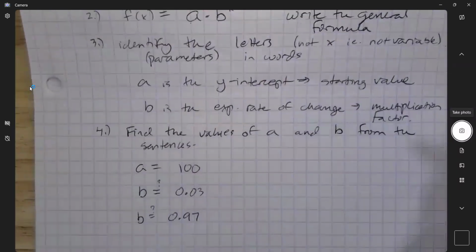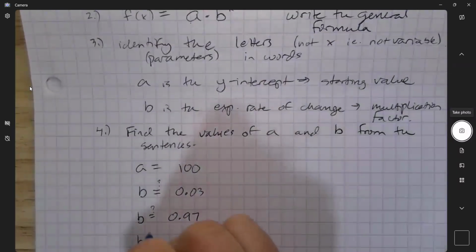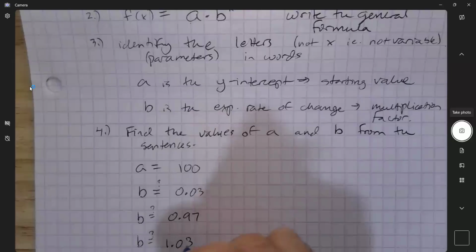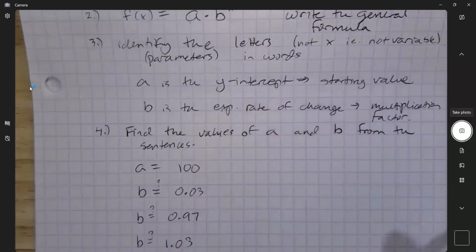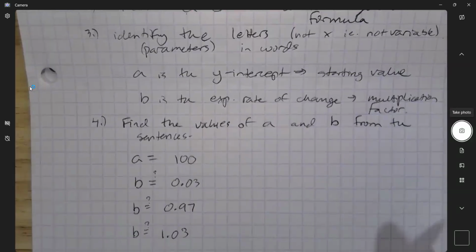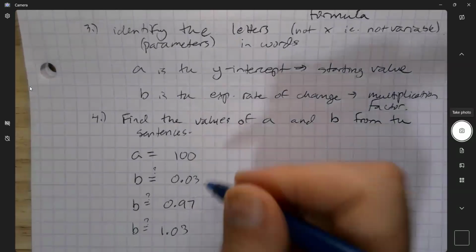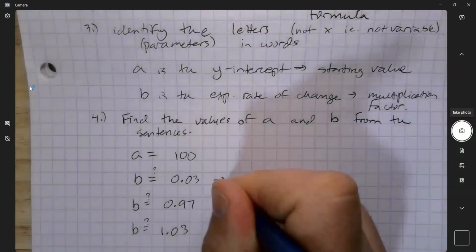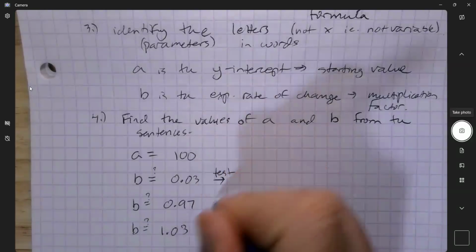Because that's 1 minus 0.03. Does that mean B is 1.03? I've got a lot of options. Figuring out B is the more challenging part of these questions. But until you build your intuition, just test all of them.